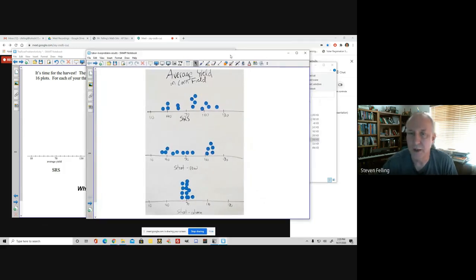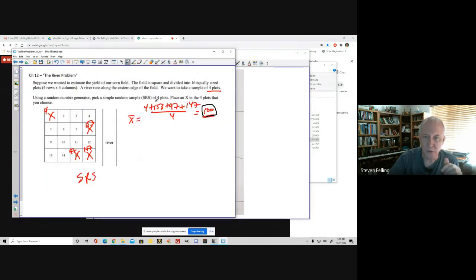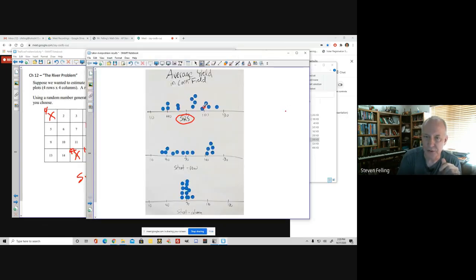If we look at what happens when we do the simple random sample, right? When we do the simple random sample, we get the average. So these are our averages. So let's add our values on here. Our values, we got 100. So yeah, our dot would be right here.